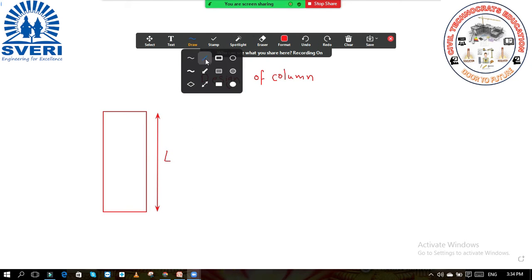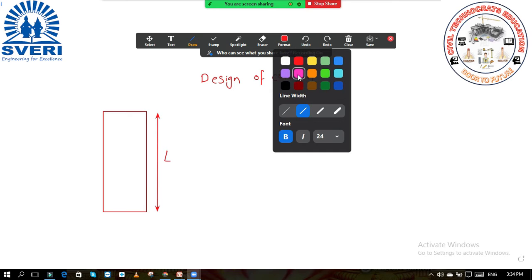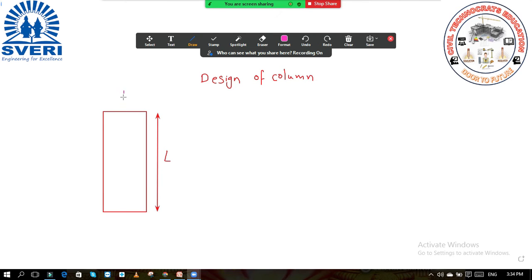And if I draw the centroidal axis or neutral axis of the column, this is nothing but the axis of the column.